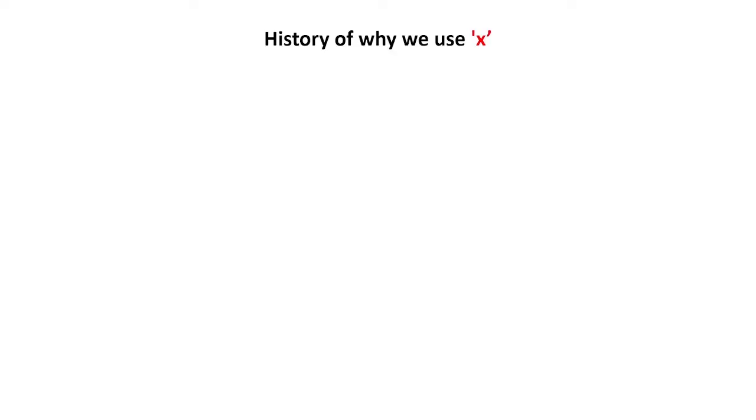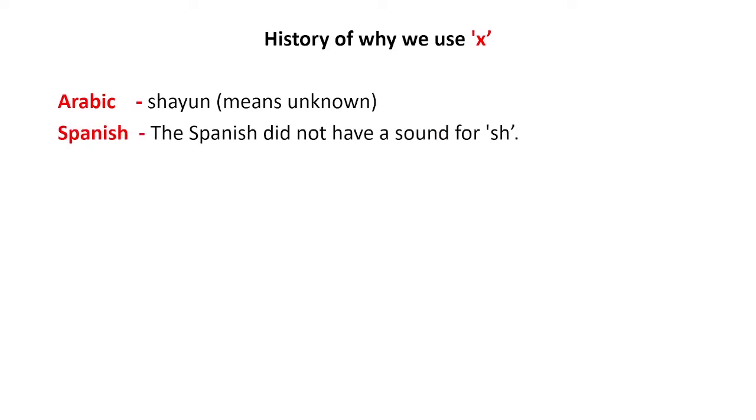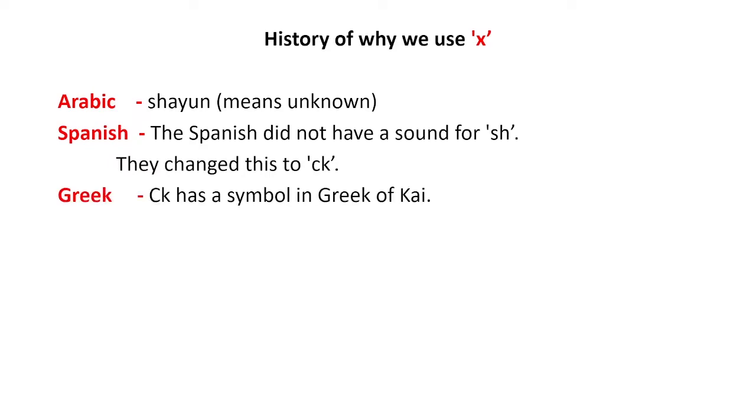So why do we use x? We can use a, b, c, d, anything, but why do we use x? When looking at history, it came from European countries. In Arabic, shin means unknown. Later, the Spanish did not have a sound for sh, and they changed this to ck.